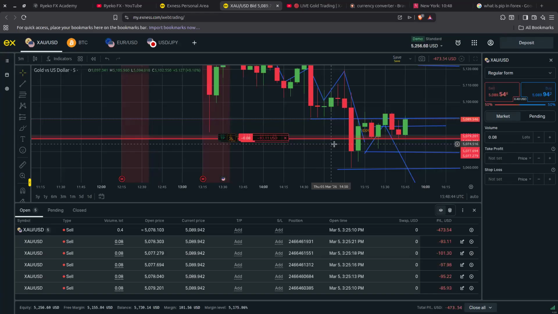I just hate losing money. That's one thing. Nobody wants to lose his capital, and nobody wants to take a trade when he or she is making losses. No one wants that.